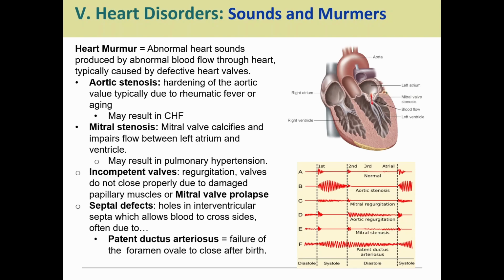Mitral stenosis, the mitral valve is stiffening and not moving properly, basically. This can lead to pulmonary hypertension. And then things like regurgitation, where the valves are not closing properly. So let's say mitral valve prolapse, where the mitral valve is kind of moving backwards and opening when it shouldn't be.